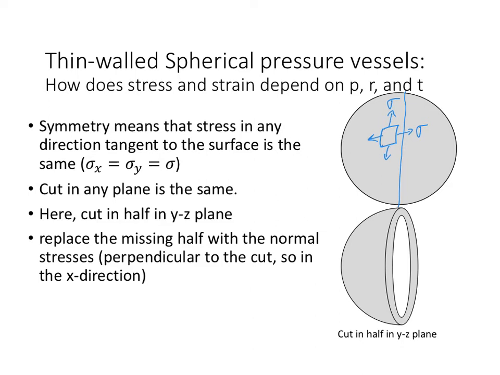If we replace the missing half, the piece that we've taken away, just like we've been replacing these missing parts of the cut with internal loads, we'll point out that there are internal stresses. So we know that we have tension as this vessel is stretched, and this tension is sigma. And the entire vessel wall will be under this sigma.